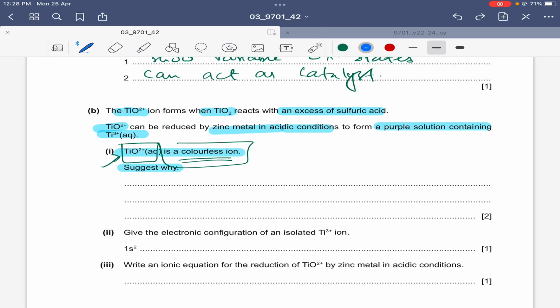Okay, so to explain why TiO2 plus does not give a color, first just find out the oxidation state of titanium in TiO2 plus. Oxygen is -2. So to give an overall charge of +2, that means titanium would have a charge of +4.